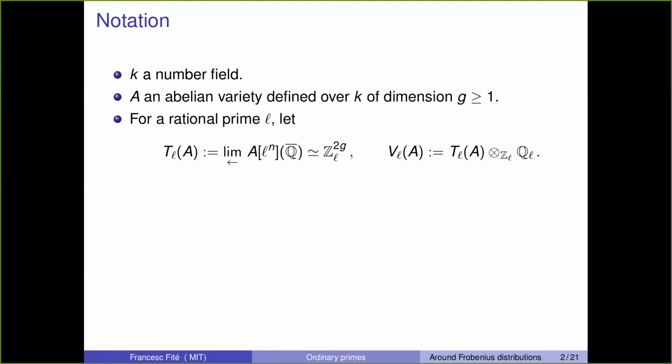Then for a rational prime l, I will denote by T_l(A) the l-adic Tate module attached to A, which is defined as an inverse limit over n of the Q-bar points of the l^n torsion of A, and which is isomorphic to the 2g power of the l-adic integers. But most of the time, I will be using the rational l-adic Tate module, which you obtain by tensoring the l-adic Tate module with Q_l.